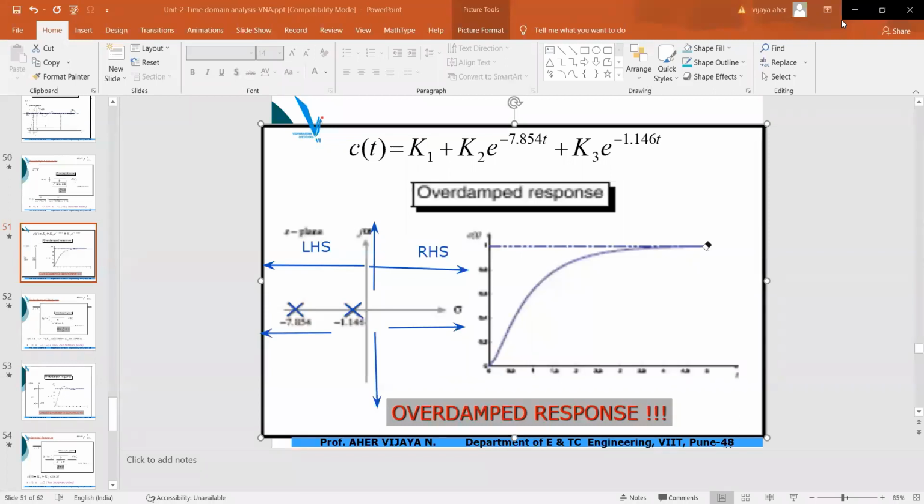Okay, understood? Any doubt up to this? Any doubt up to this? Student, please respond. Have you understood how we plotted the S-plane poles? Yes, ma'am.